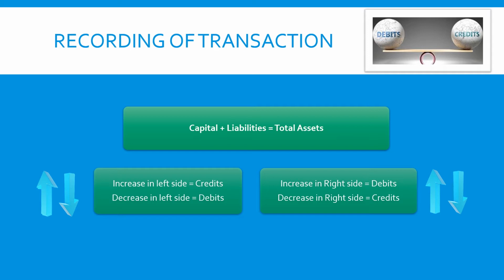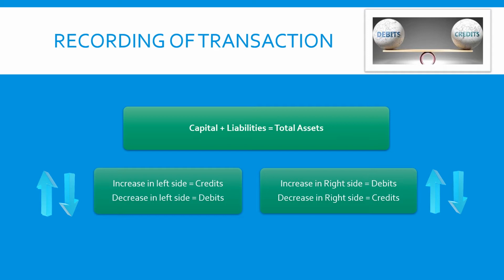When you understand what your liabilities and assets are, any increase on your left side matters. Here, I have capital plus liabilities equal to total assets, which is the normal universal truth. I have taken capital plus liabilities on the left side and total assets on the right side.